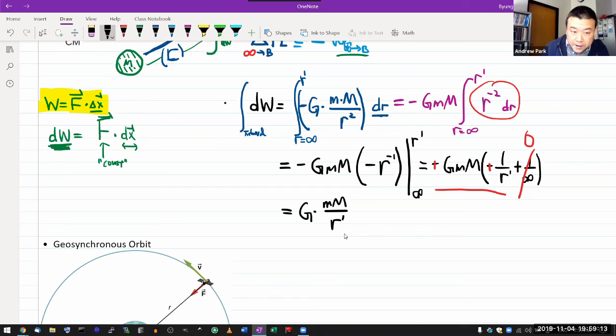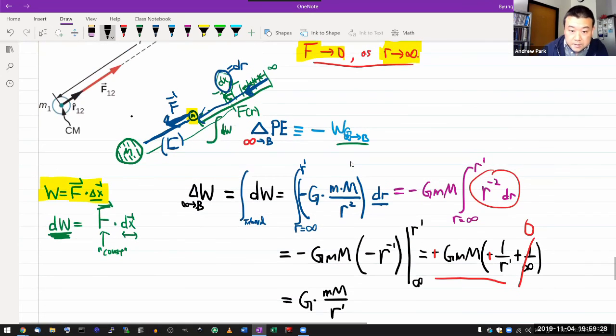And what I've calculated is not the change in energy, but the amount of work done going from infinity to that particular fixed point. What I need to remember is that the change in potential energy is minus of this.